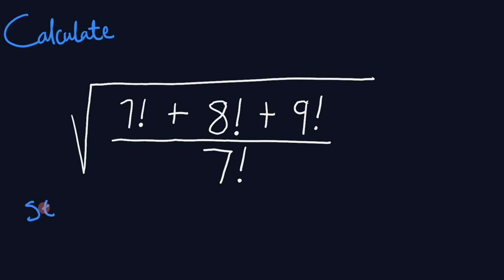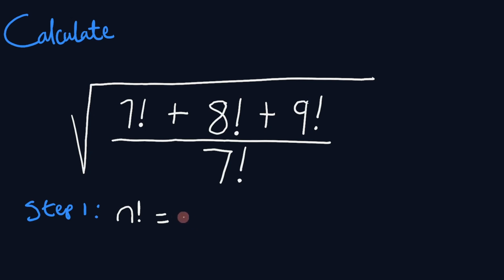The first step in solving this is to understand what a factorial is. When you are given a number, let's say n factorial, what this means is that for a positive number n, we multiply n by the numbers that are less than n, beginning from n until we get to 1.